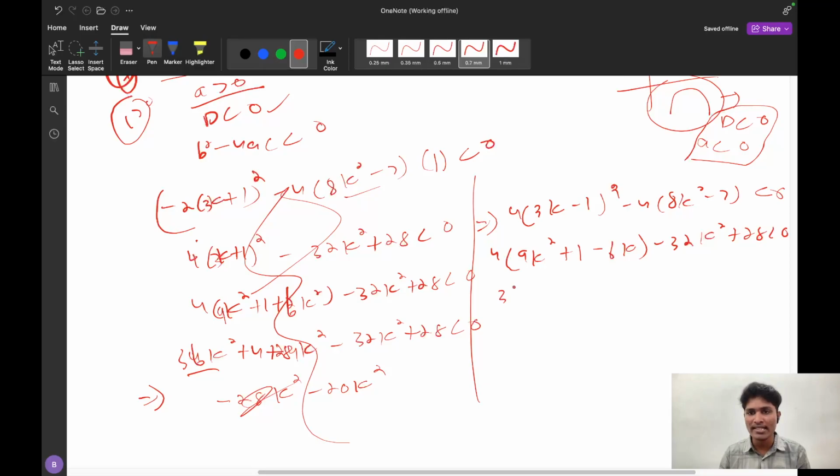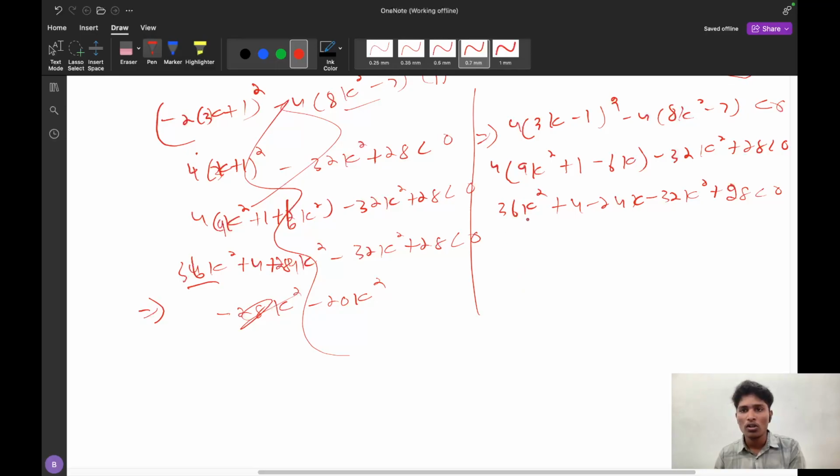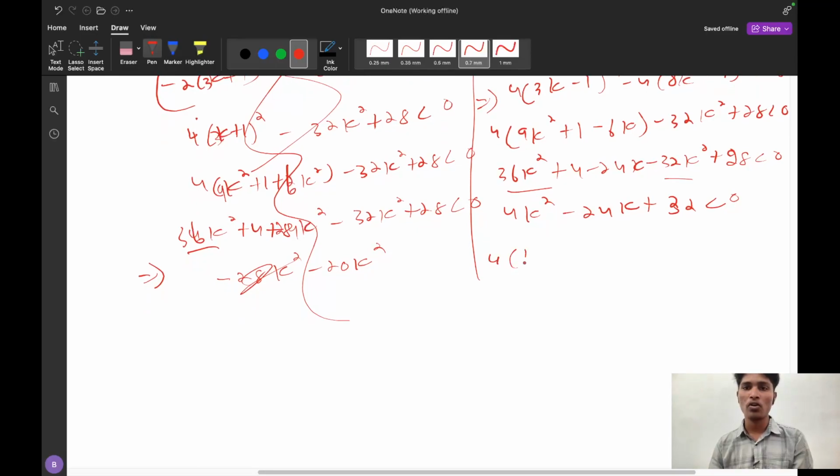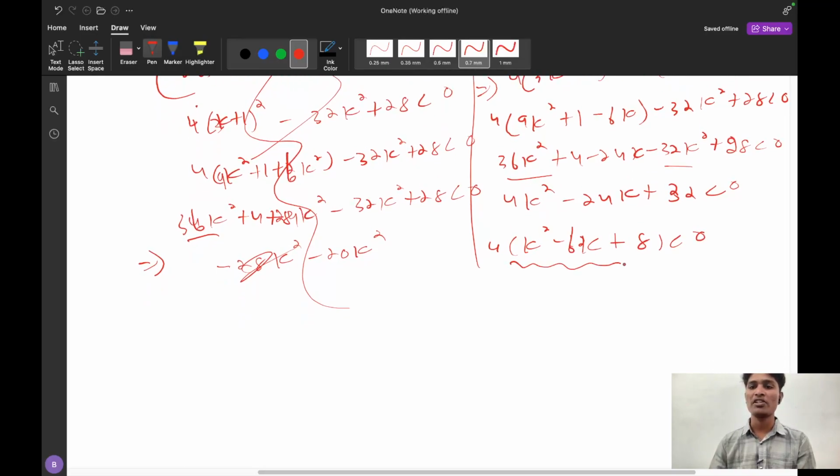So 36k square plus 4 plus 24k minus 32k square plus 28 less than 0. So 36k square minus 32k square is 4k square plus 24k plus 32 less than 0. I can take common: 4 into k square plus 6k plus 8 less than 0. Now I have to find the values of k.